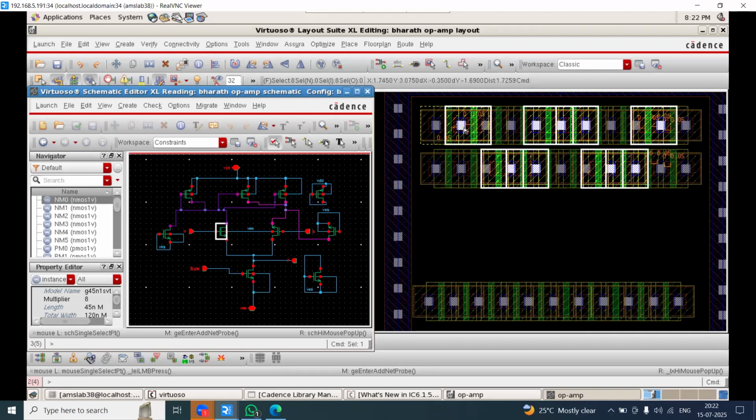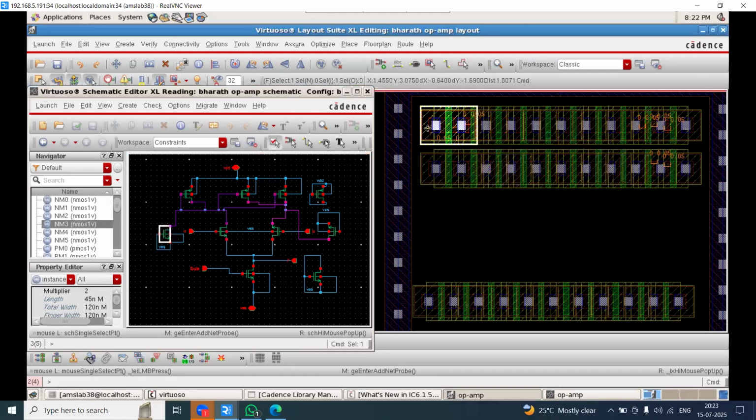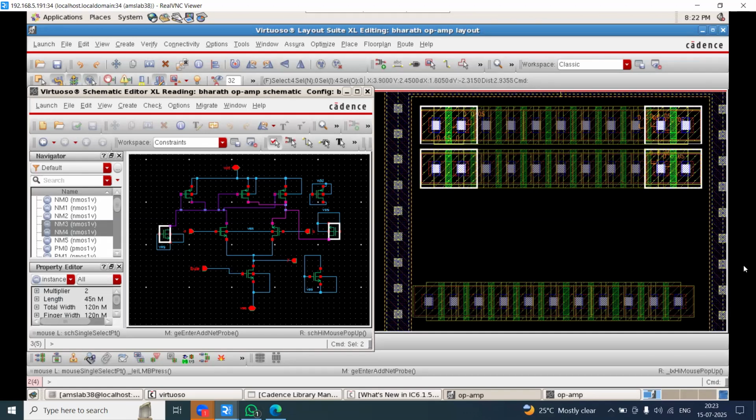It is in the pattern of A, B, B, A, B, B, A, and these corner devices are dummies. This device and this device and this device and this device are dummies, which I have added for additional safety purposes.